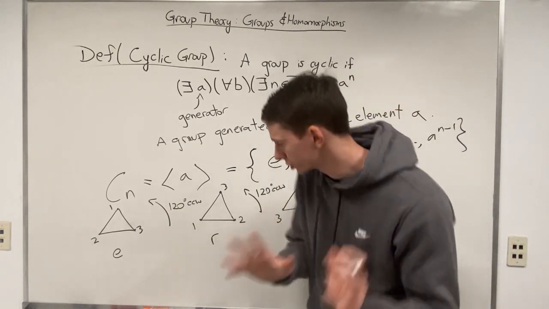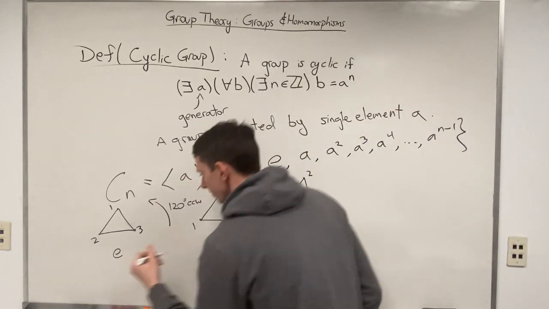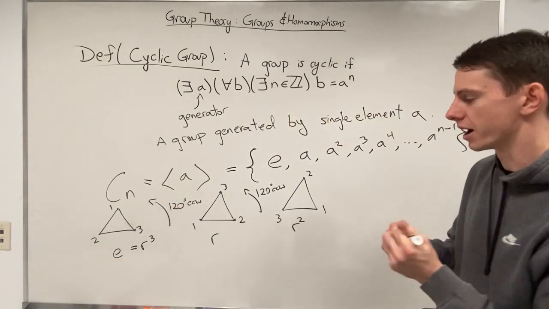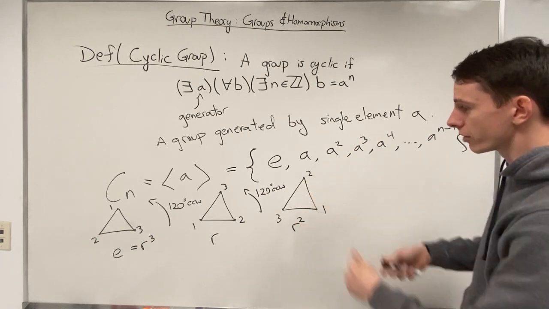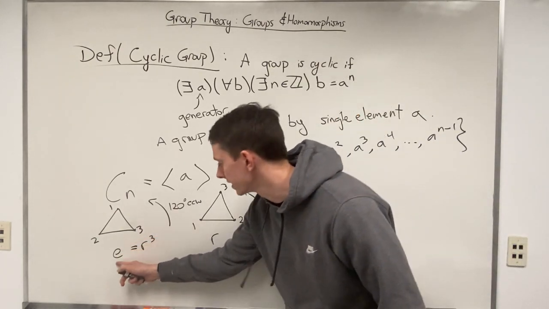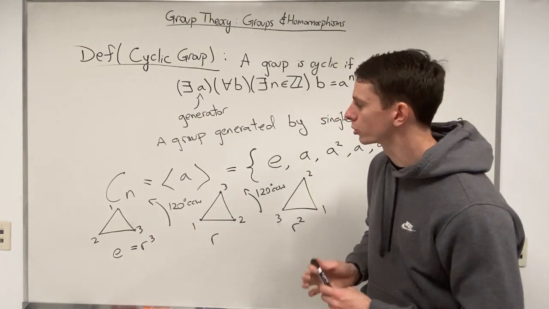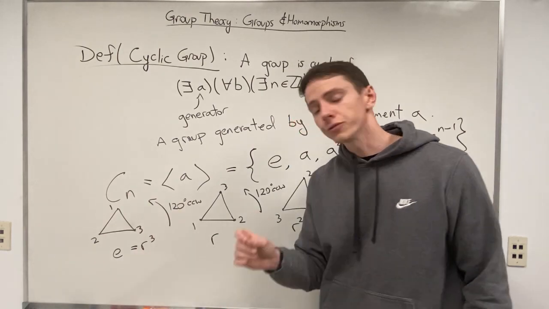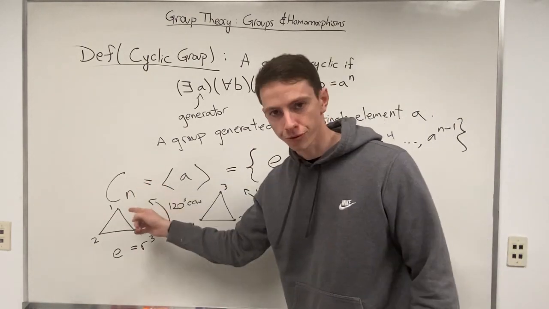So another way of describing this is that the identity element is equivalent to rotating this 3 different times. And that right there immediately tells us that if we apply the rotation 3 times and get back to the identity, we are working not with the general group C sub n, but the specific cyclic group C sub 3.